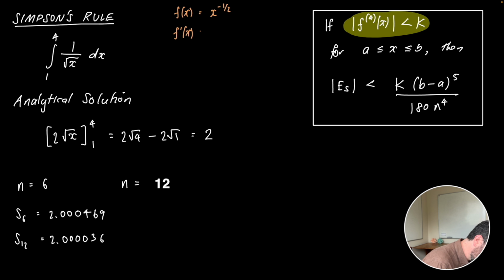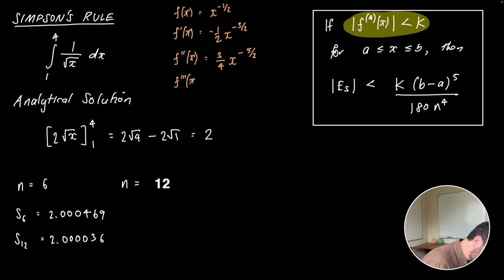F prime of x is therefore equal to negative 1 half x to the negative 1.5, or negative 3 over 2. F double prime of x will be equal to, multiply that by 3 over 2, is going to give us 3/4 x to the negative 5 over 2, negative 2.5.